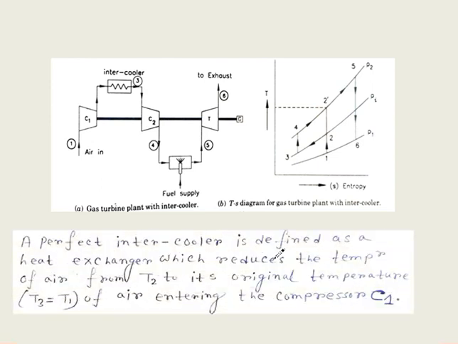A perfect intercooler is defined as a heat exchanger which reduces the temperature of air from T2, its original temperature, to T3, equal to T1 of air entering the compressor C1.